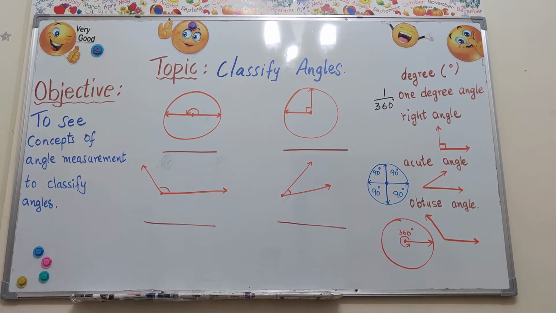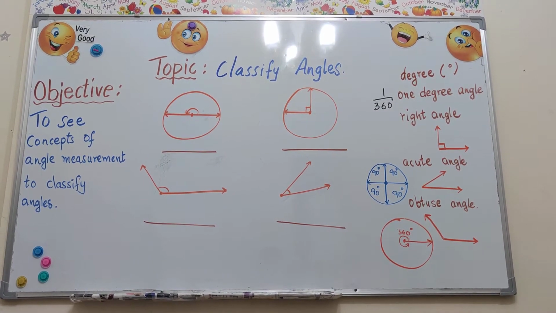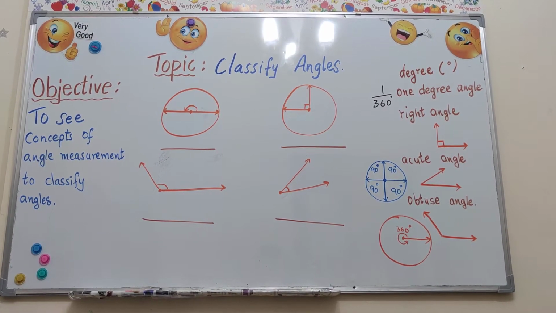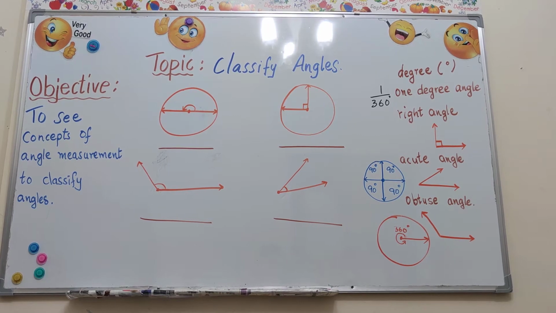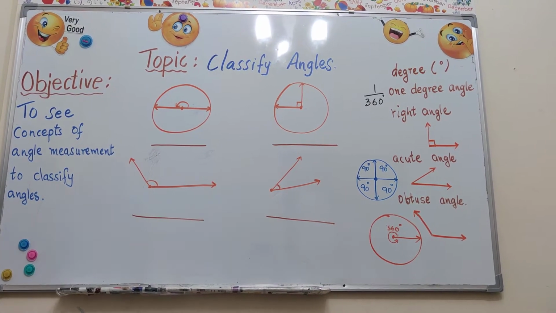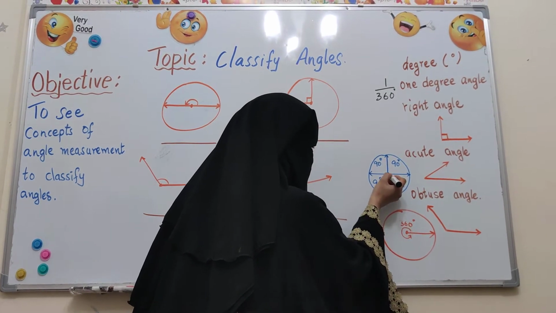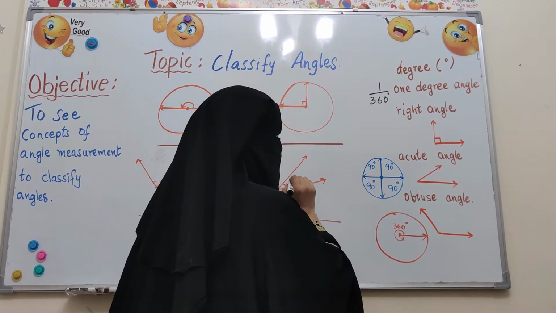Now that means 360 one-degree angles, sharing the same end point, make a circle. When it is making a circle, it is sharing the same end point.